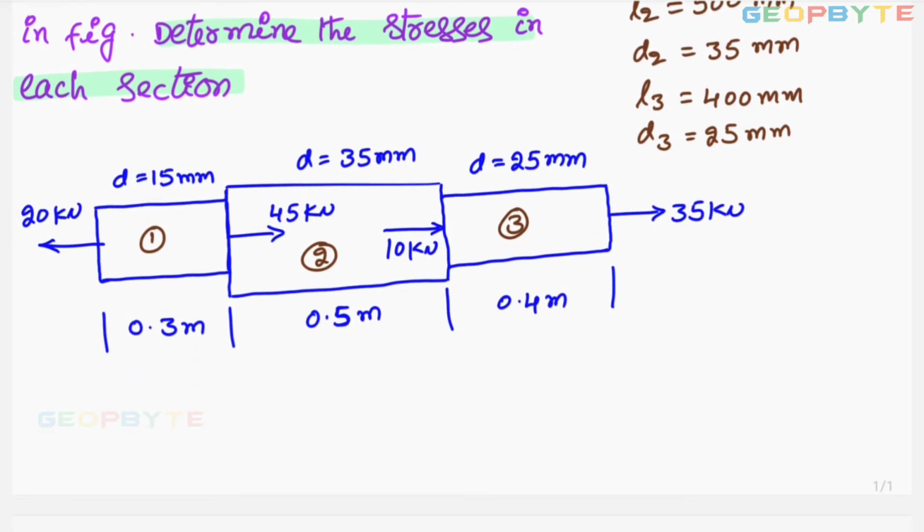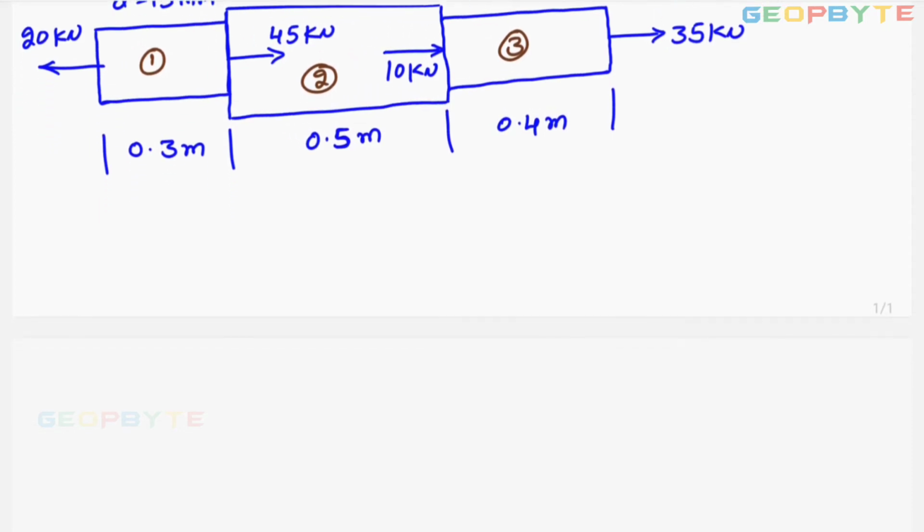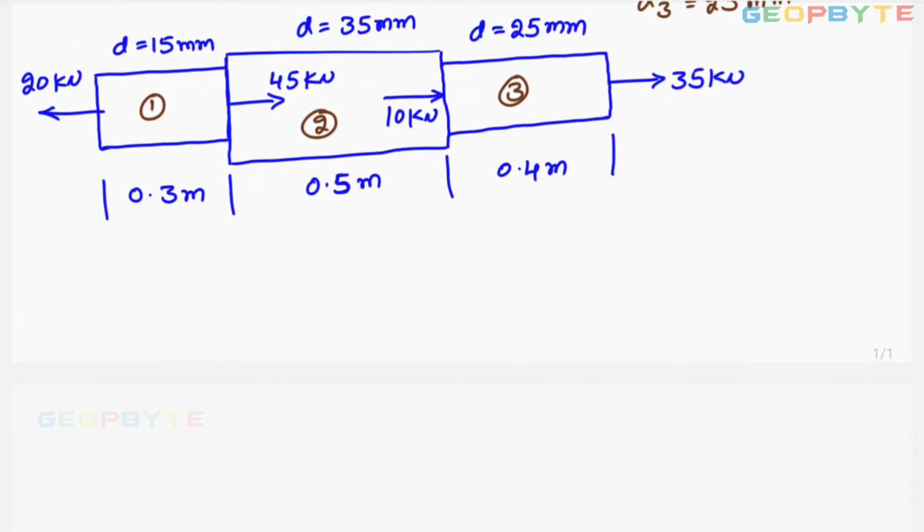You are asked to decide the stress for each section. For that, let us consider section 1, for deciding the load value. In the left end, 20 kilonewtons is acting.